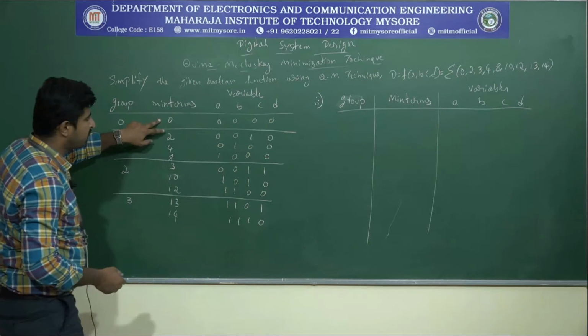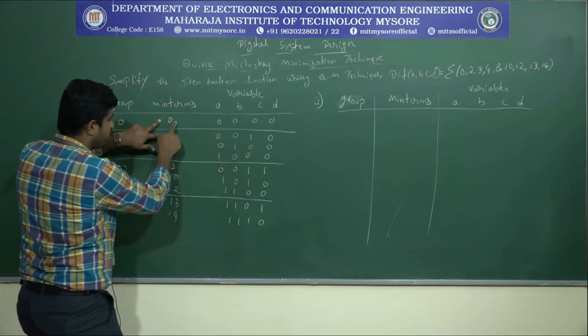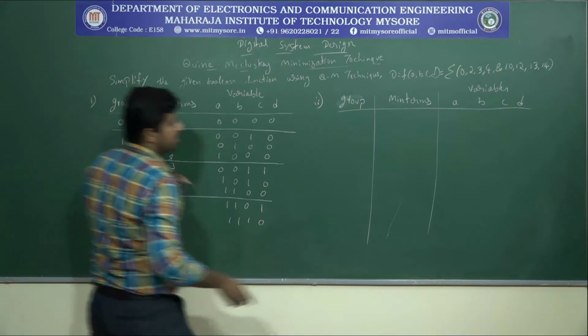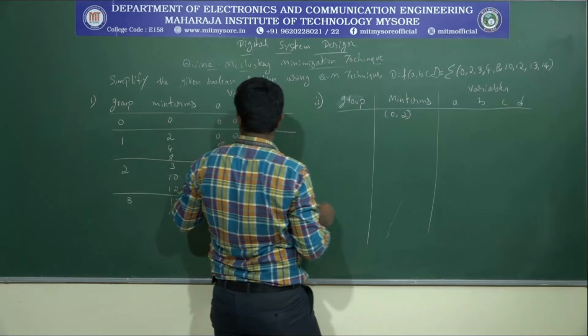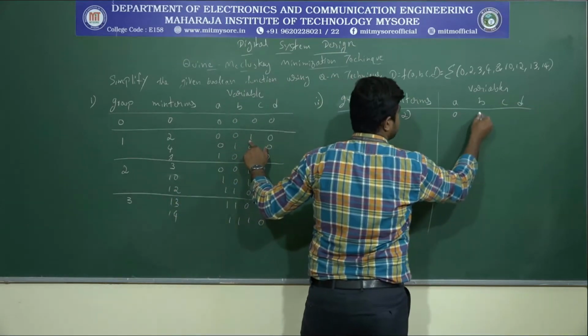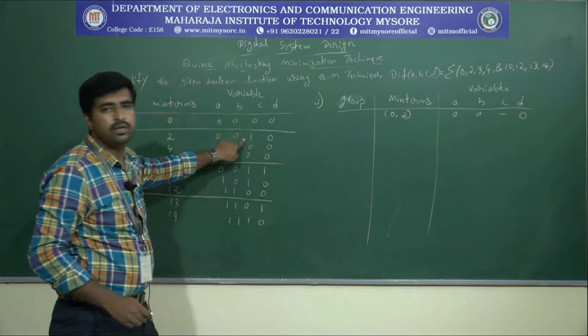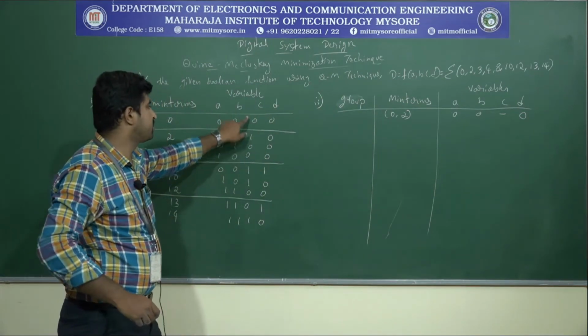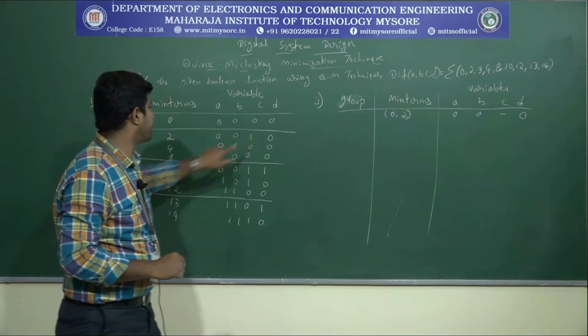So let's compare 0 with 2. Yes, we can group them, since only one variable changes. Next 0 with 4, and 0 with 8. So 0 can be compared with 2: the variables are 0, 0, dash, 0. Here one variable is changing, so that variable is removed and indicated with a dash.